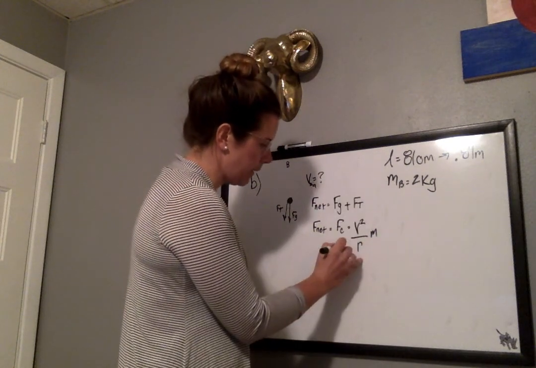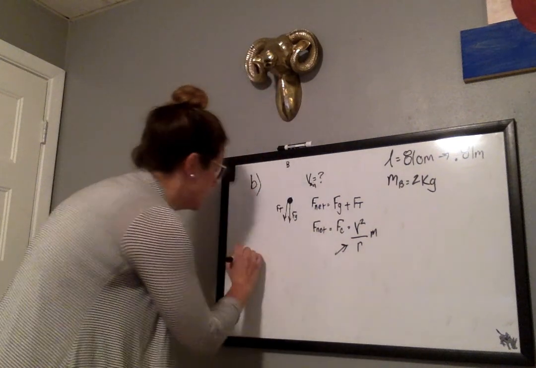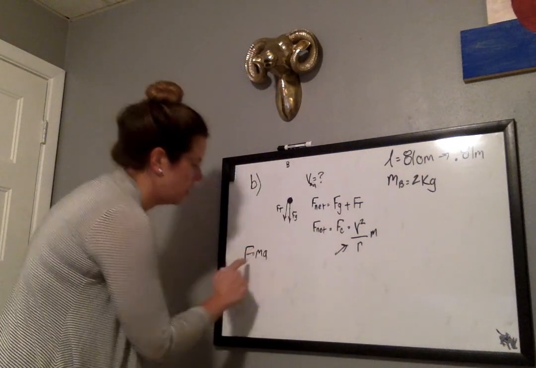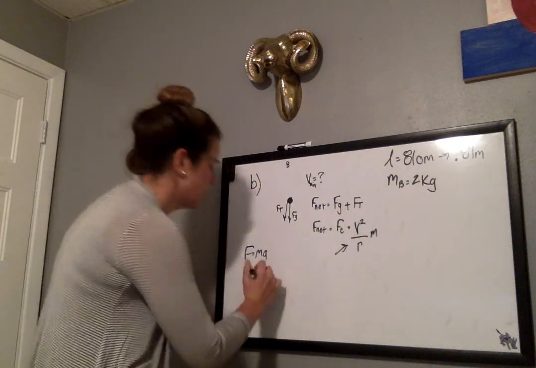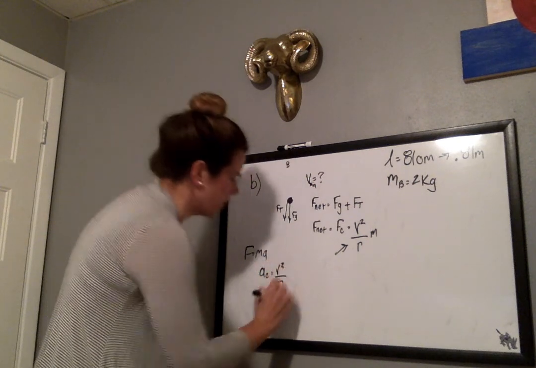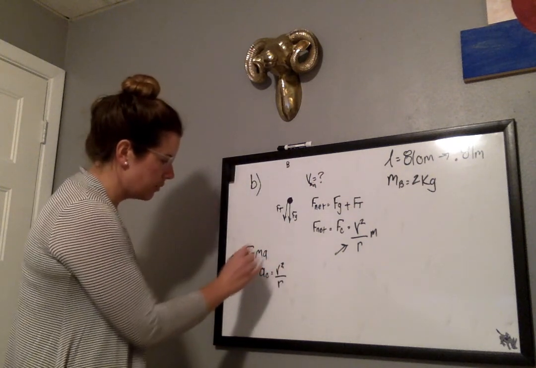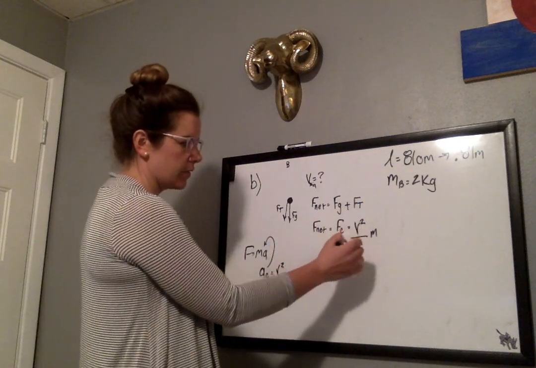Taking a step quickly back, on your equation sheet, F equals ma. Always memorize that. Use it pretty much in every problem. Centripetal acceleration on your equation sheet is V squared over R. So I just put that in for acceleration in this case and got V squared over R times M.